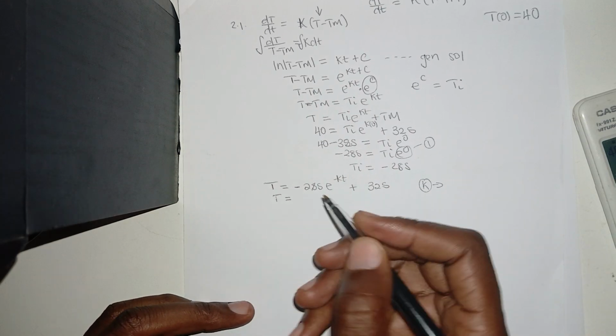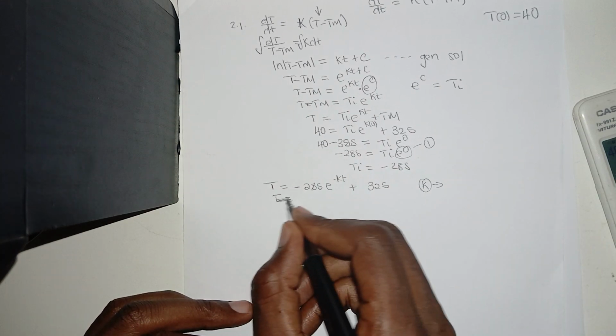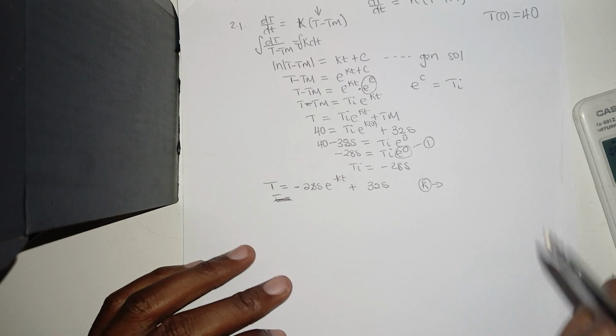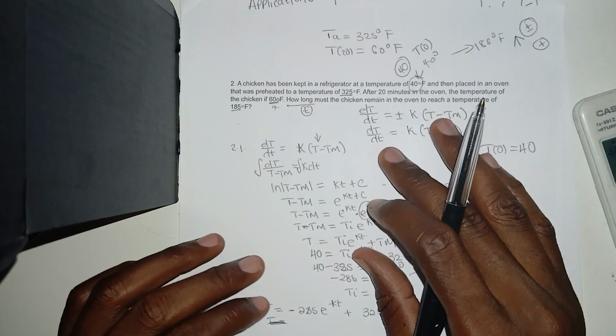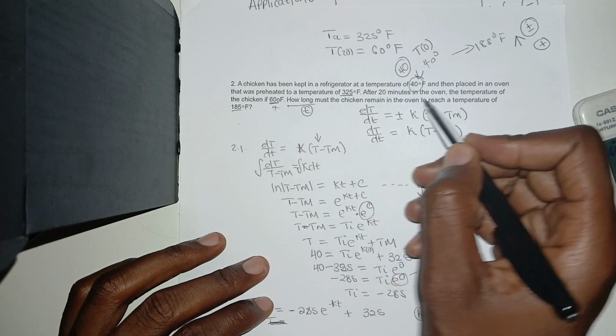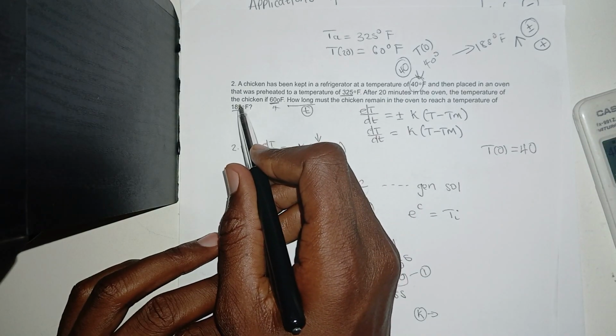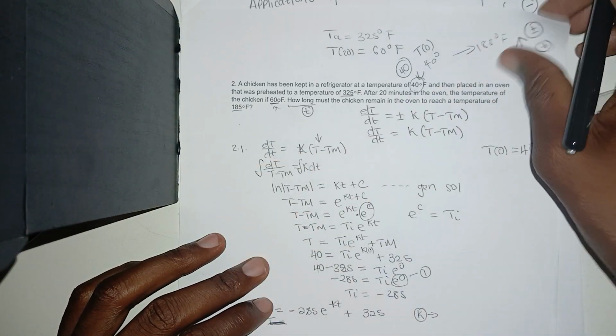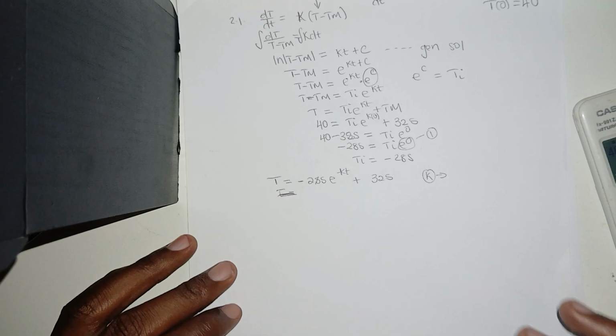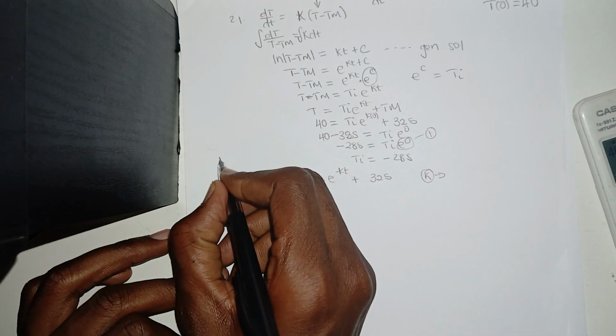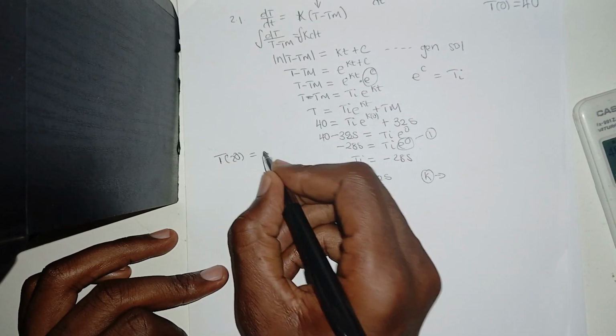Now, what is our T? The question said, after 20 minutes in the oven, the temperature of the chicken was 60. Now we have something that we can use to find that K of ours. So we're going to use T of 20 is equal to 60.